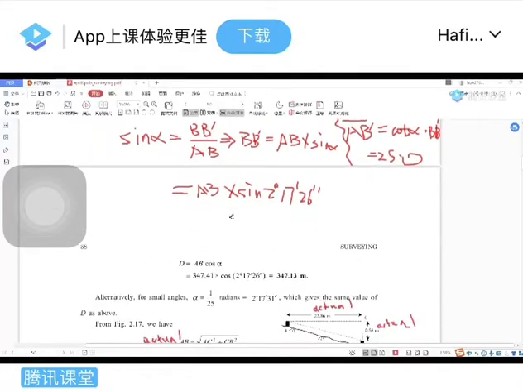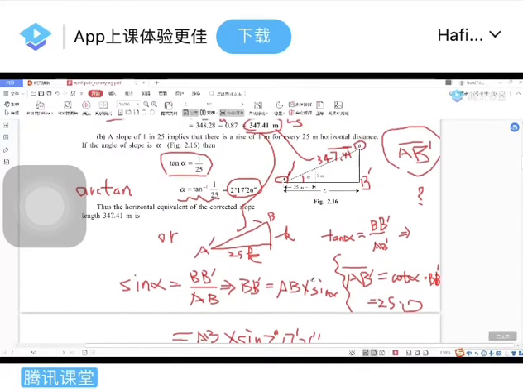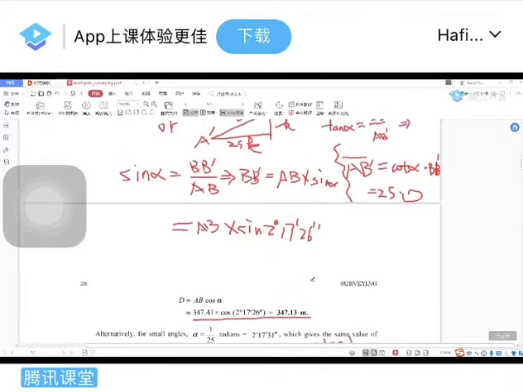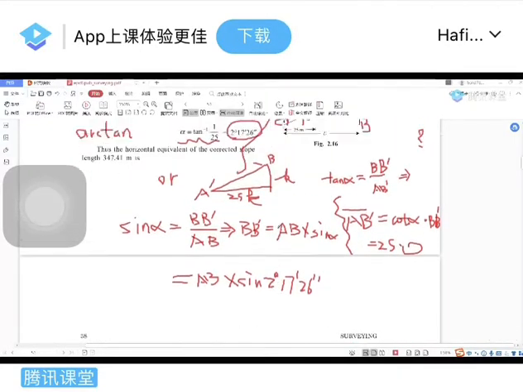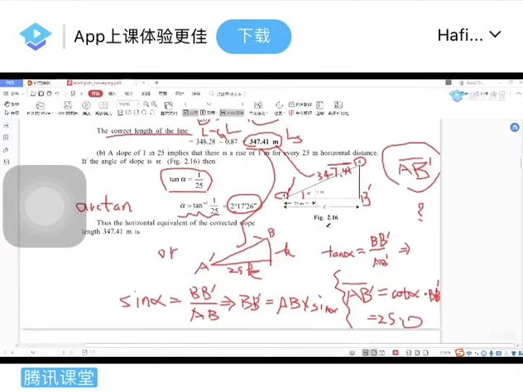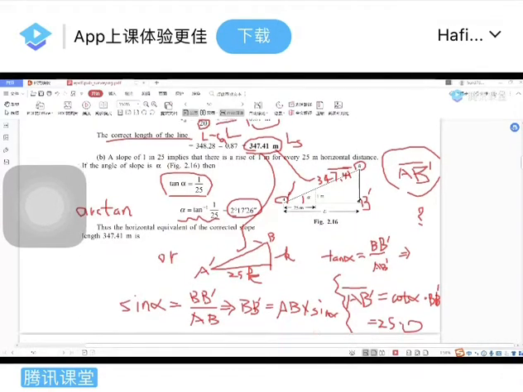So in the end, you'll get this result. So AB is over here, and oh, I made a mistake. I use a sine. Sine is to calculate BB prime.